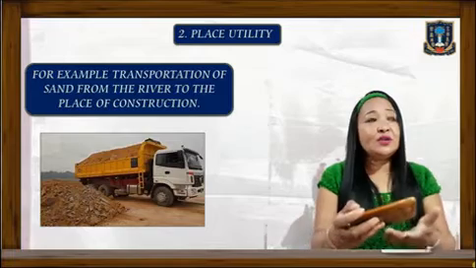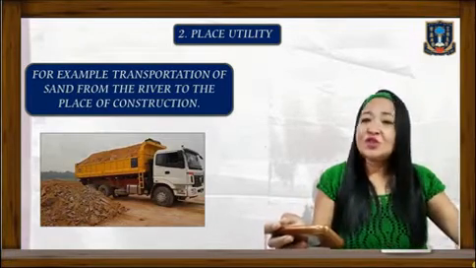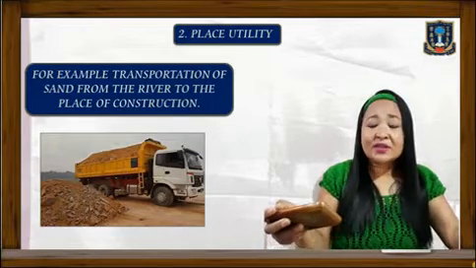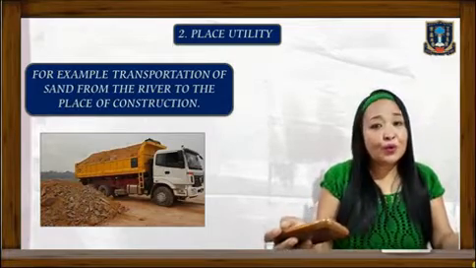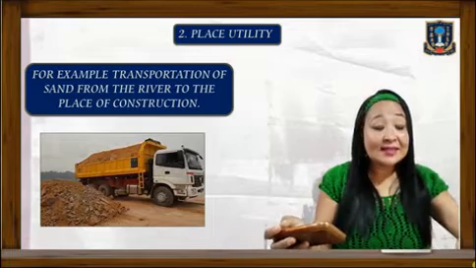Okay, so when you go to a river bank, you'll see stretches of sand lying just there, no? So stretches of sand just lying on the river bank would be of no use, or of no value, if they just lie there like that.